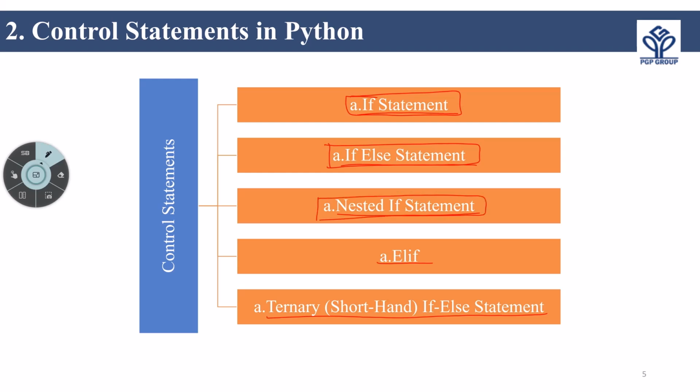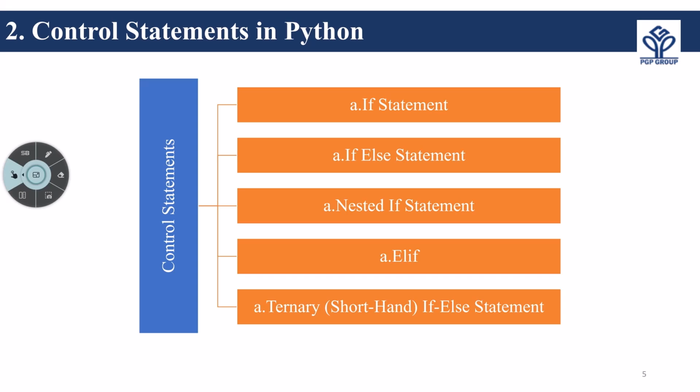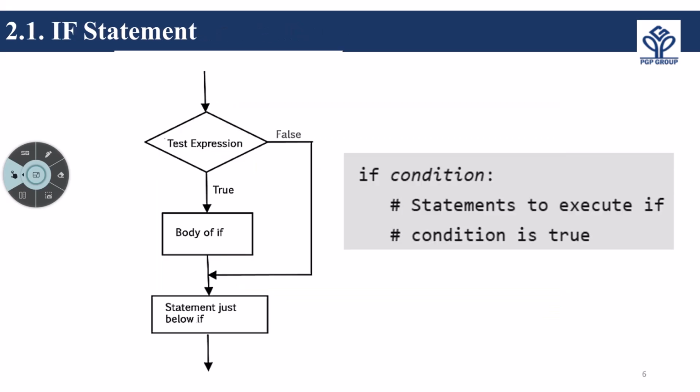Okay, see, first one, if statement. We already know how to create or draw a flow chart. What are the expressions we are using? In this flow chart, we already start the program, initialize whatever we need, and then we give some test expression.